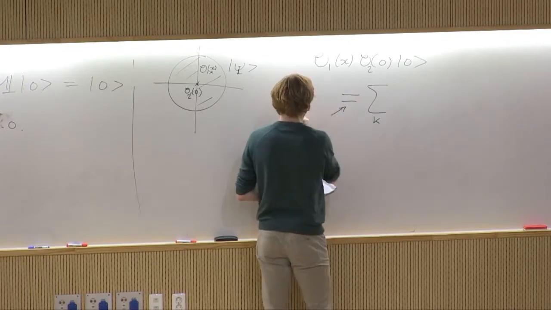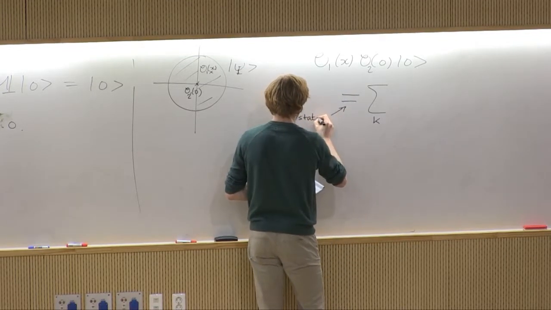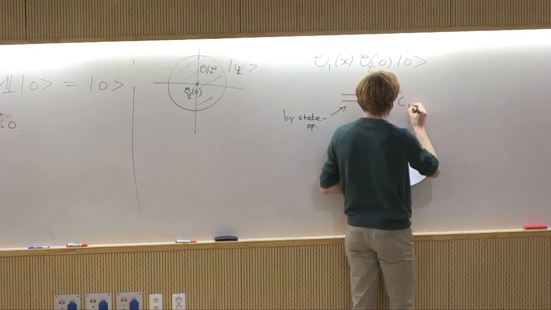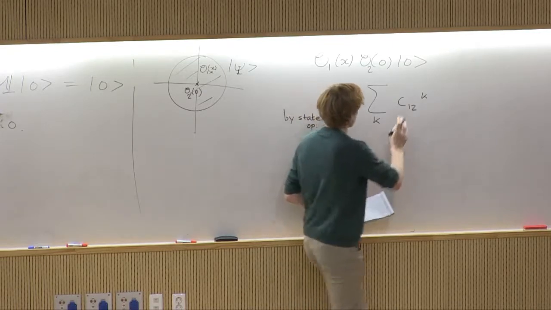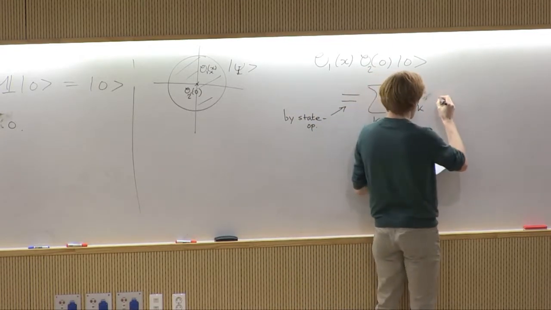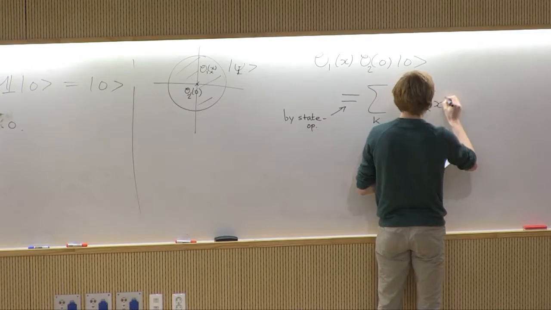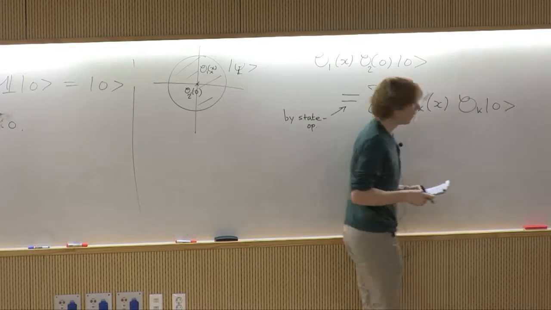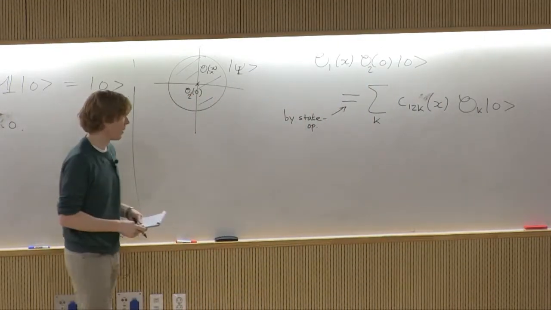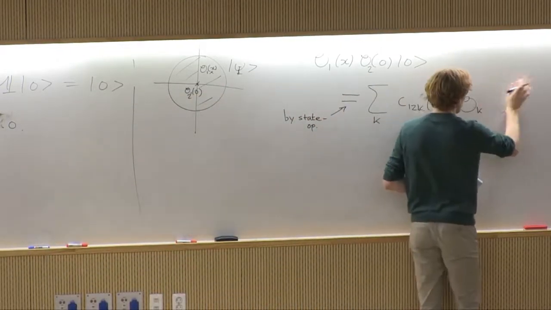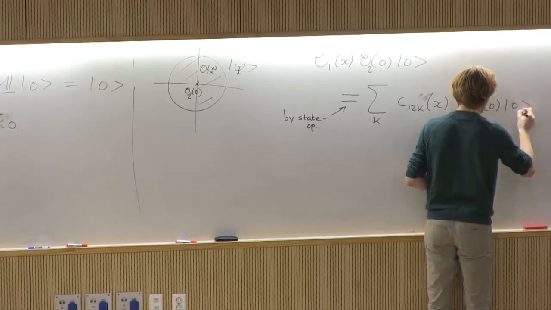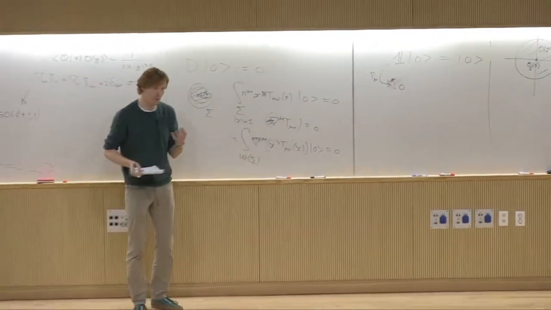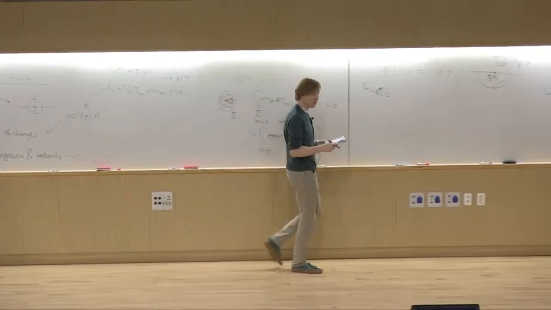So there should be some decomposition with coefficients that depend on the operators in question, and also on x, where I inserted the operator, in terms of the basis vectors of my Hilbert space, which are of this form, for some local operators. This must be true, and this must be a convergent sequence, otherwise this is not a good basis.